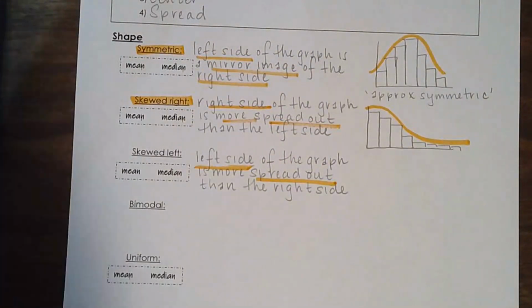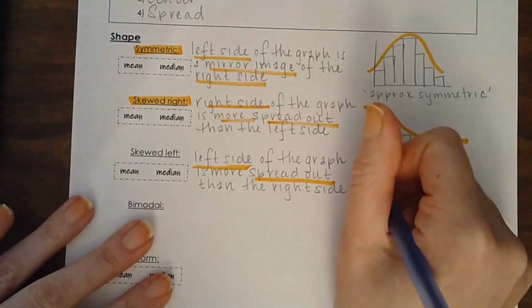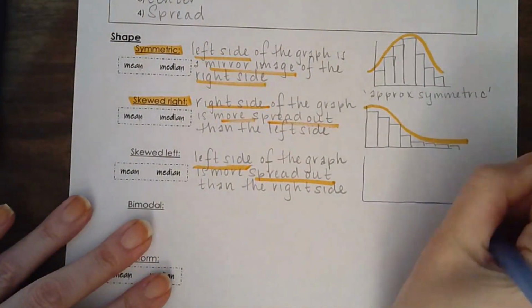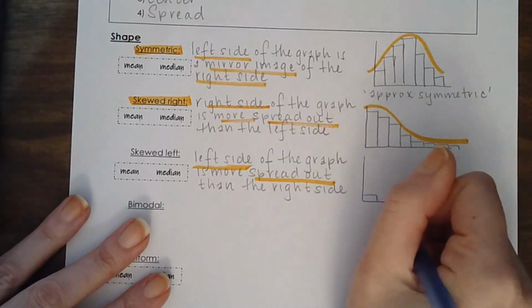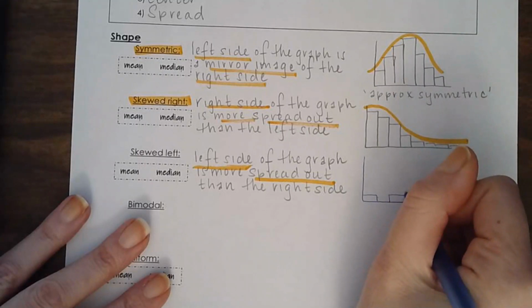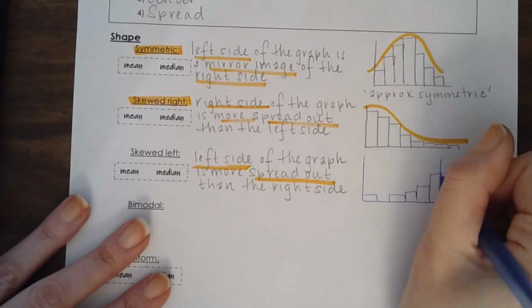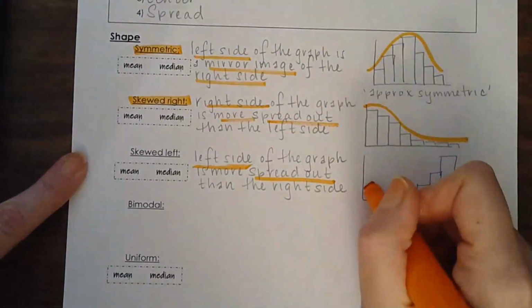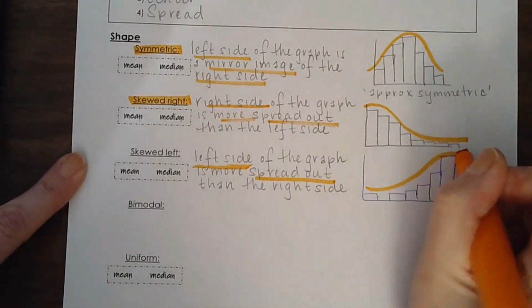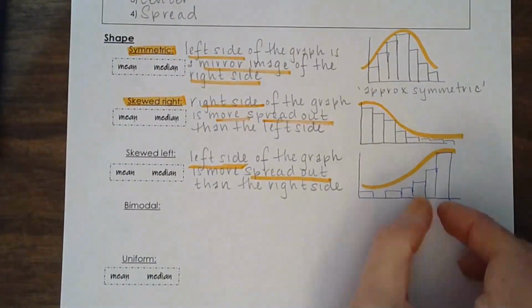You know what? I think I'm going to start writing in pen. It might come out a little bit clearer for the video. So in a skewed left graph, the left side, and maybe there's an outlier, so maybe there's a gap. Again, draw curves over your shapes to really help you. The left side of the graph is more spread out than the right side.